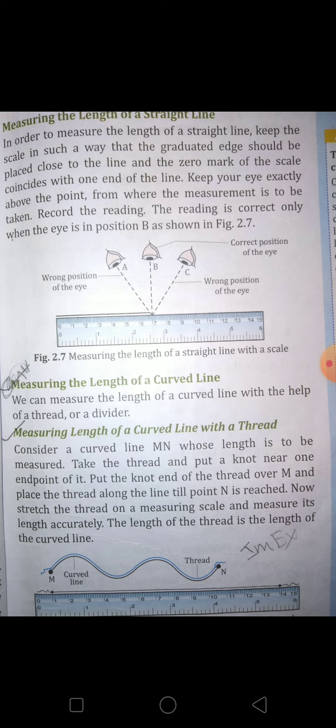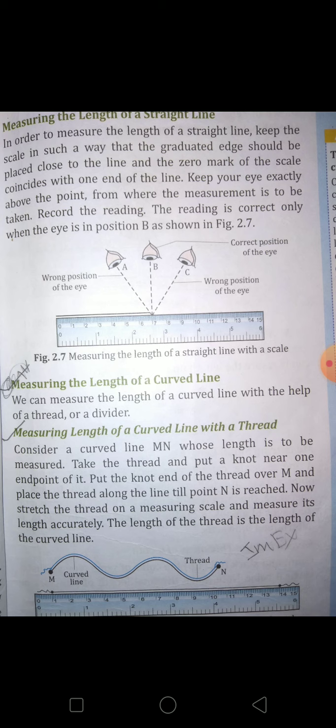Identify its two end points. Then you have to put the scale in such a way that the graduated edge is placed close to the line. You can see over here. And put the scale in such a way that the zero mark of the scale coincides with one end of the line.